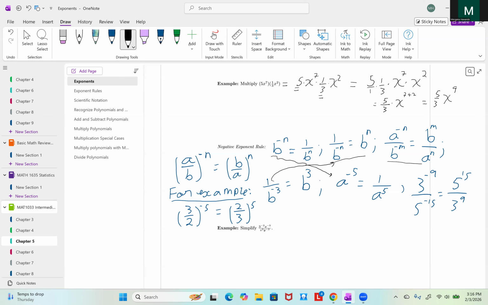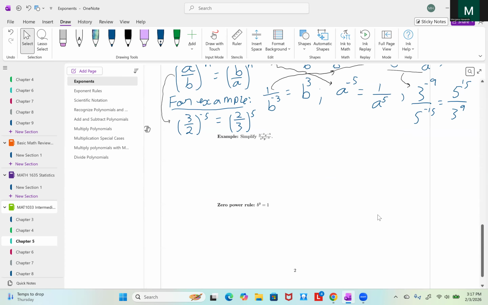For the next row, we have an example: 3 to the power of -9 over 5 to the power of -15 is equal to 5 to the power of 15 over 3 to the power of 9. And an example for the last row: 3 over 2, the whole thing to the power of -5, is equal to 2 over 3 to the power of 5. Notice here we took the reciprocal of the fraction inside the parentheses.